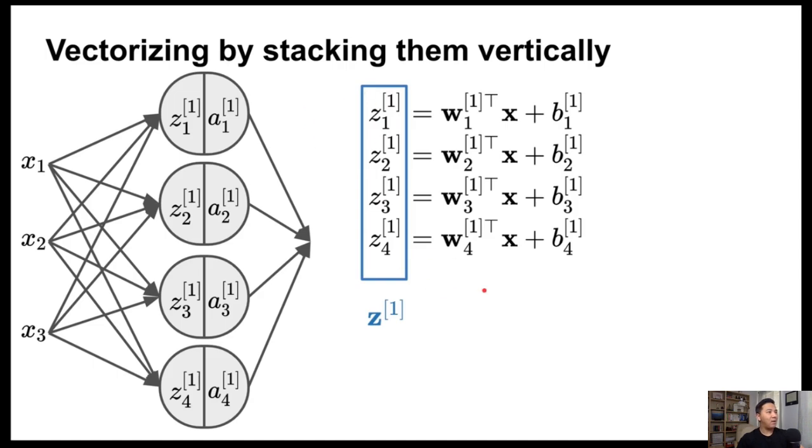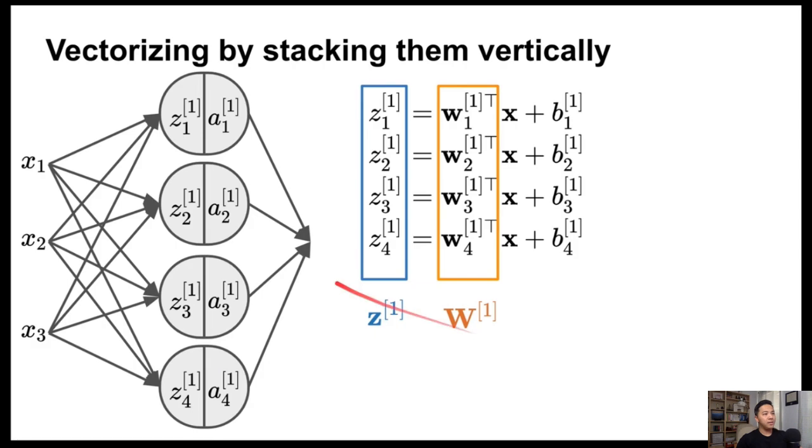Now if I stack all the weights W, I have a weight matrix. Each of these arrows represents a weight associated with the input. If you count, there are 3 weights going to this node, 3 weights going to this node, and I have 4 nodes. So this weight matrix will have dimension 4 by 3, based on the nodes that we have.